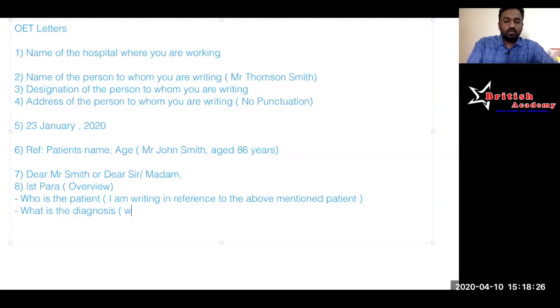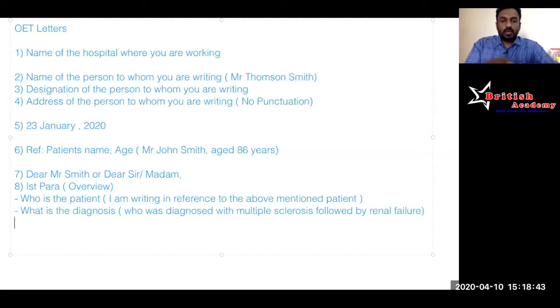So I would say he was diagnosed with multiple sclerosis followed by renal failure, for example. Okay. After this, third piece of information I need in this first paragraph is, what is your purpose?